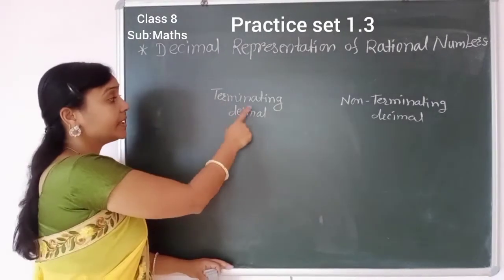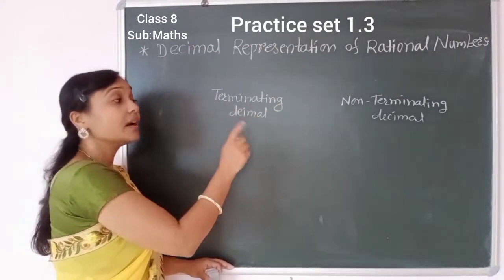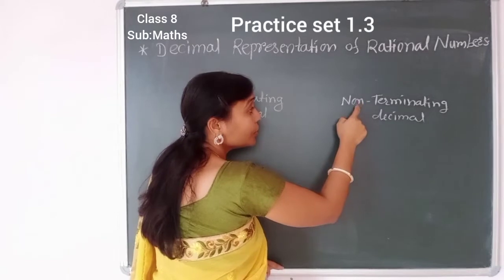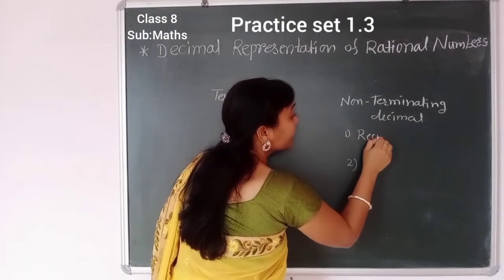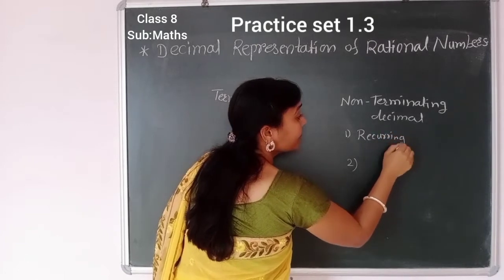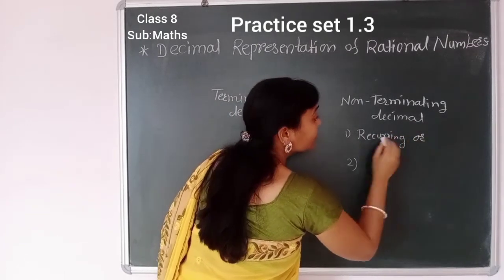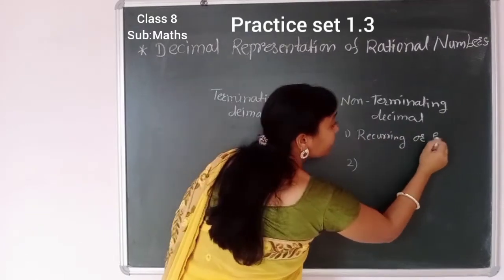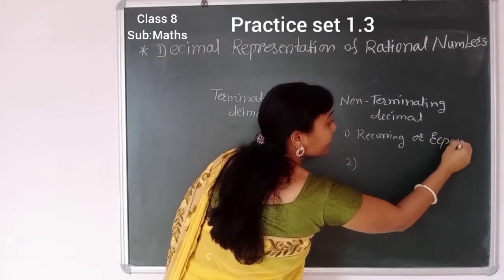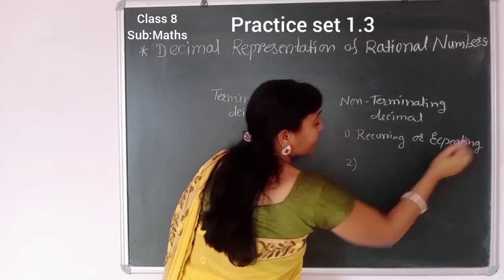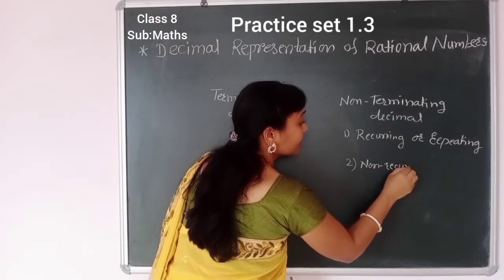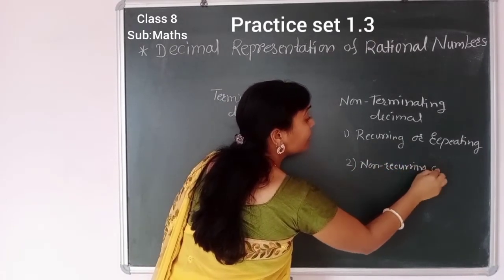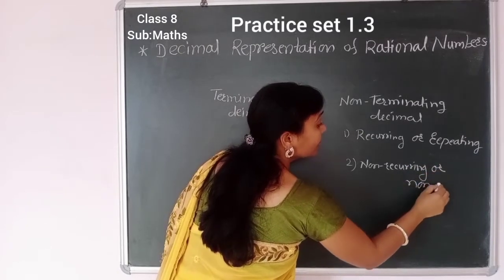In the non-terminating form, again we get two types: recurring, which means repeating, so its another name is repeating also, and another one is non-recurring or non-repeating.